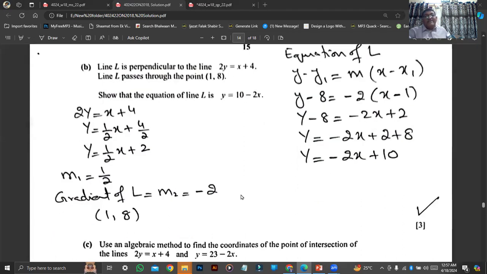So y minus 8 equals minus 2x plus 2. y will equal minus 2x plus 2 plus 8. And y equals minus 2x plus 10. So this is the equation of that line L, which is perpendicular to the line 2y equals x plus 4 and passes through (1, 8). So this is what you have to show. So we have shown it. It's very simple, straightforward.